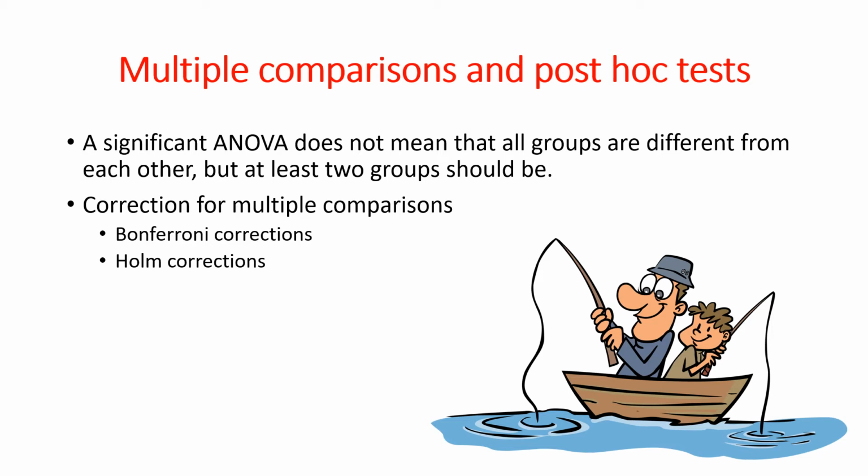So that's the rationale behind doing multiple comparisons, and that's why we are doing correction for multiple comparisons, because as I told you, the more tests, the more comparisons you do, the higher the probability of finding significant effects. So that's why we need Bonferroni and Holm corrections to control for this effect.